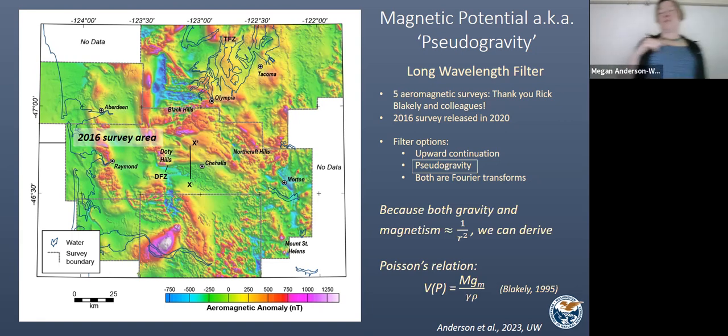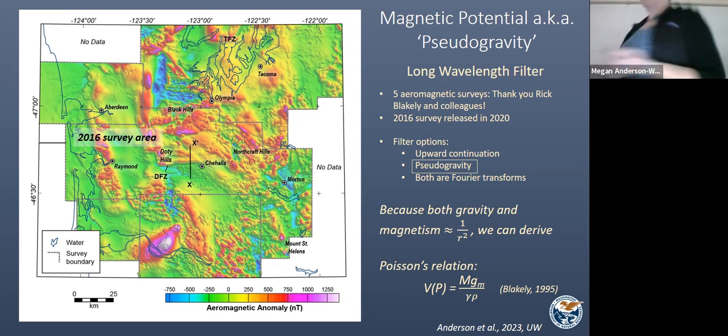How it works, I'm not going to go through the derivation. You can read Rick Blakely's 1995 book if you want to see the whole thing. But simply, because both gravity and magnetism vary as the inverse of R squared, we can derive Poisson's relation, which states that the magnetic potential is equal to scalar magnetization times the component of gravity in the direction of the magnetization, divided by Newton's constant and density.